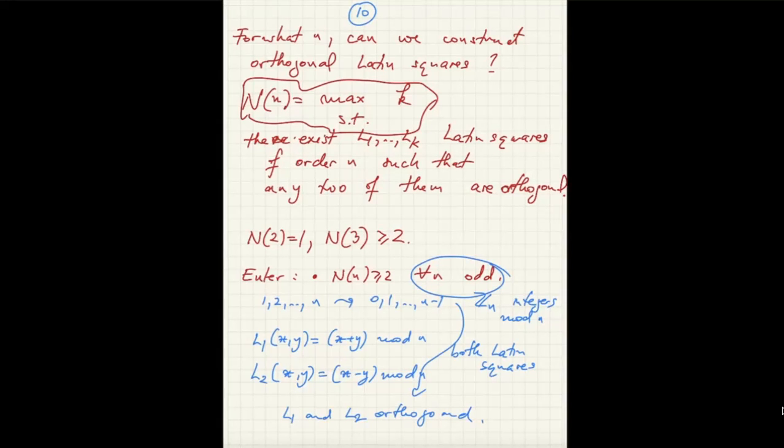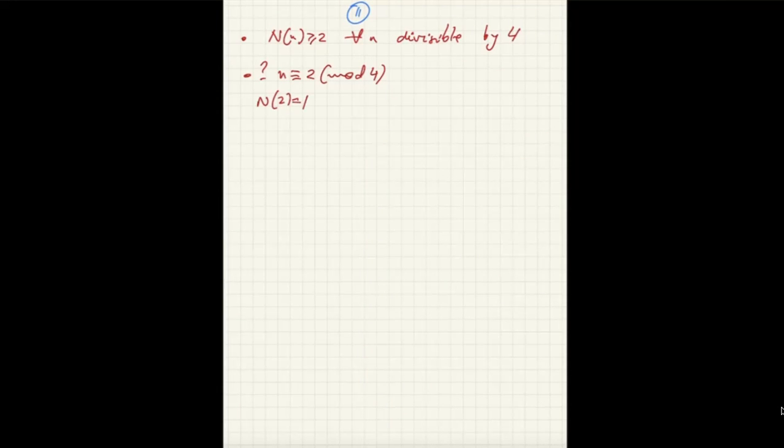Now, Euler also proved that N(n) is greater or equal to 2 for every n divisible by 4. So that left what happens for n congruent to 2 mod 4. And we saw that N(2) is 1. And Euler didn't give the full proof, but he was convinced, he knew that N(6) is 1.